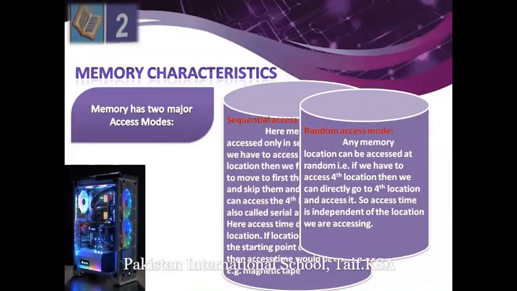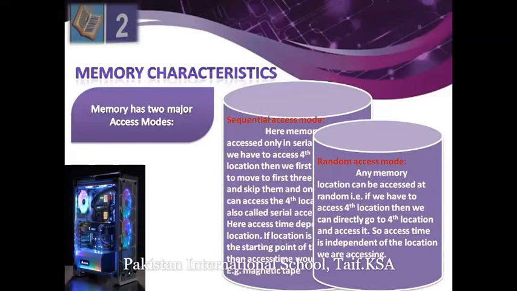The next access method is the random access method. Any memory location can be accessed randomly. If we have to access the fourth location, then we can directly go to the fourth location and access it. So access time is independent of the location we are accessing.